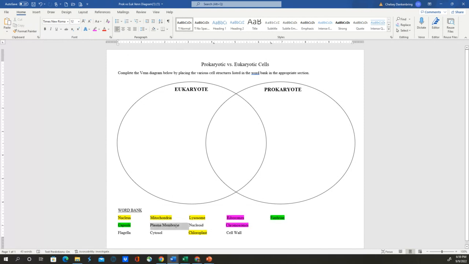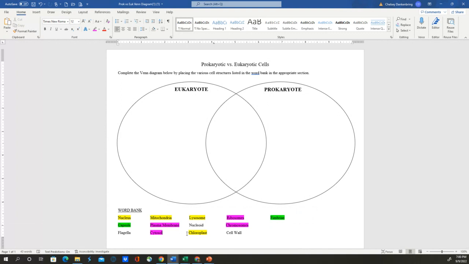All cells are going to have a plasma membrane, because remember, that's the border of a cell. Okay, oh, one more. All cells have cytosol. That's the jelly-like fluid inside the cell that holds things up, keeps things suspended. So that's all cells, y'all, all, A-L-L.